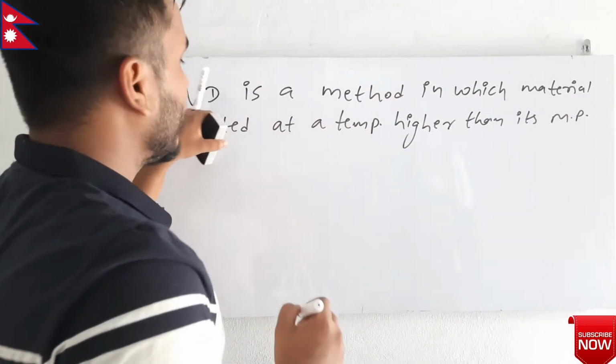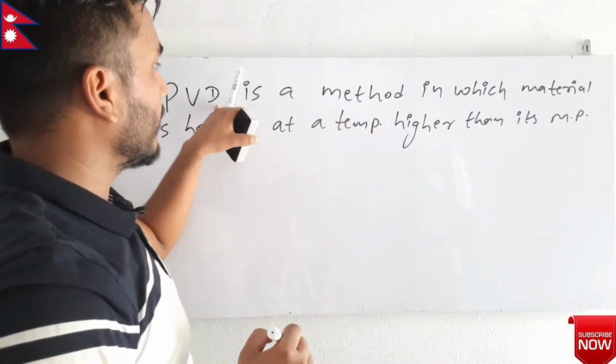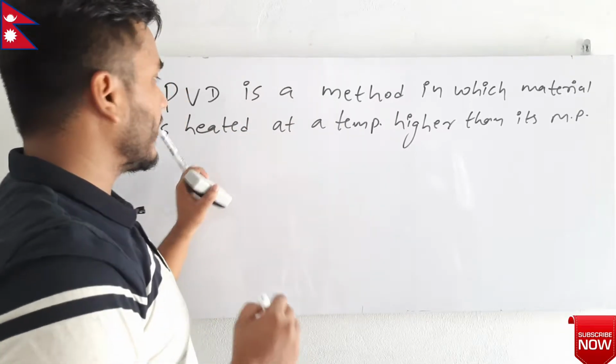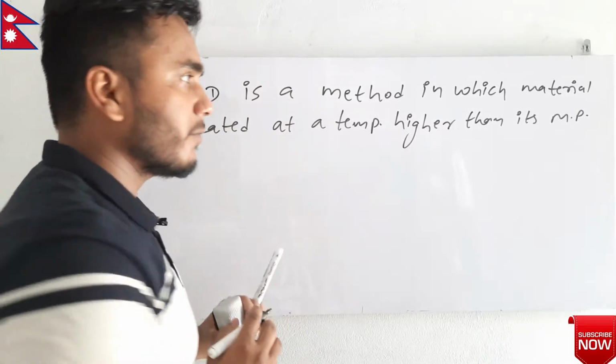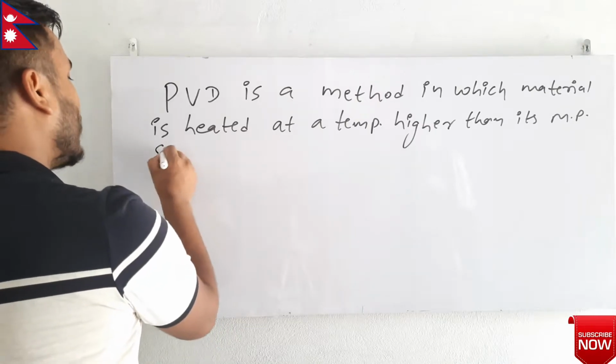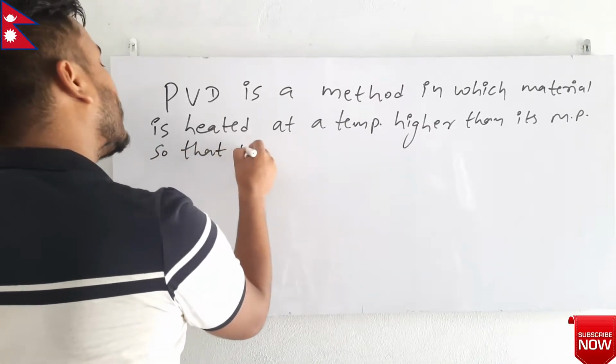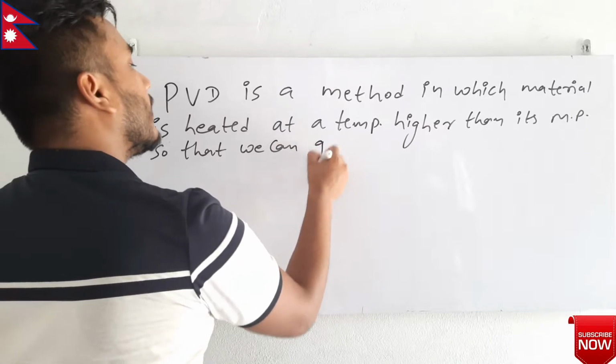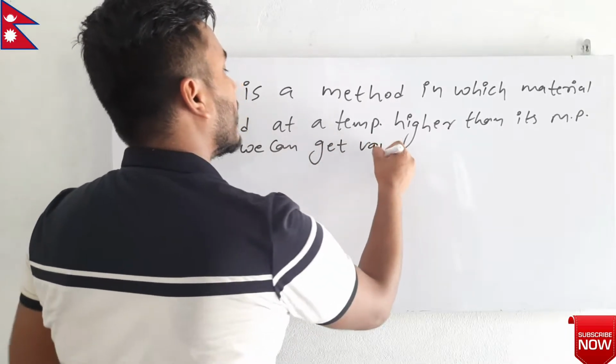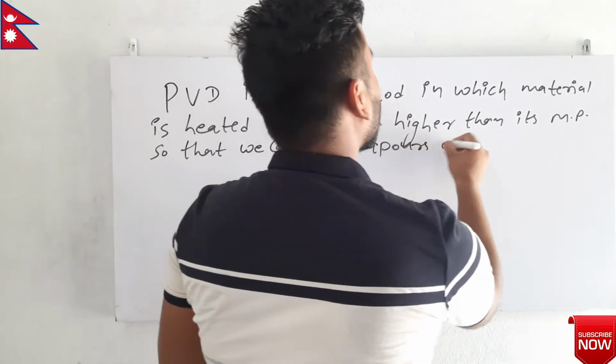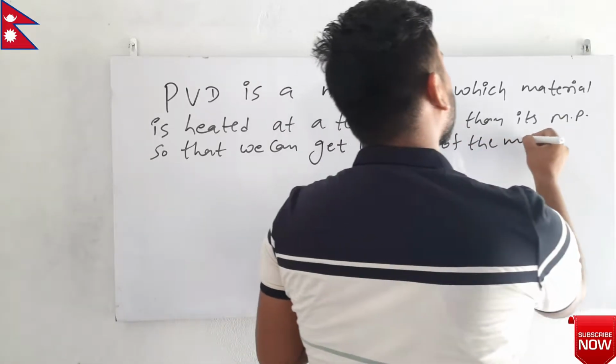Okay, PVD, that is physical vapor deposition, is a method in which material is heated at a temperature higher than its melting point, so that we can get vapors of the material.